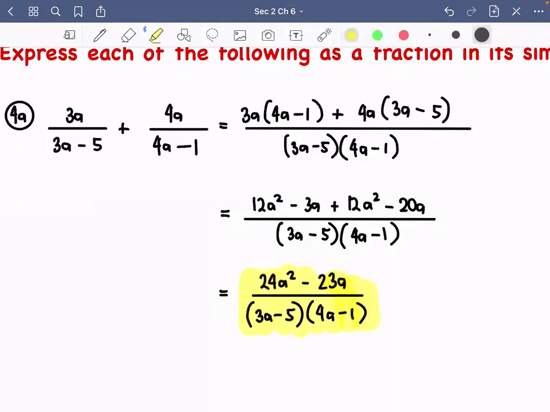Plus, of course. So here, 12a squared plus 12a squared gives you 24a squared, right? Then negative 3a minus negative 20a gives you negative 23a. And then just copy the denominator. Just that.